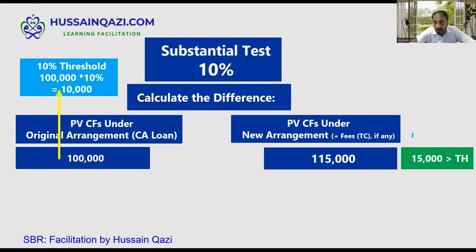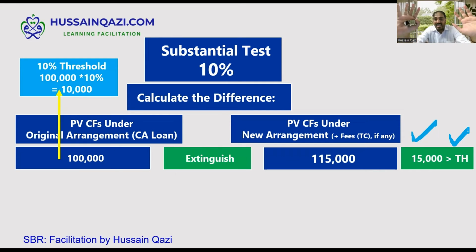This is greater than the threshold, greater than 10,000. If it's greater than 10,000, that means it's substantial, yes. And if yes, it's called extinguish accounting. What is the accounting of extinguish modification? I will discuss it, don't worry.